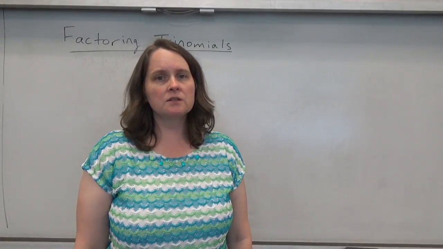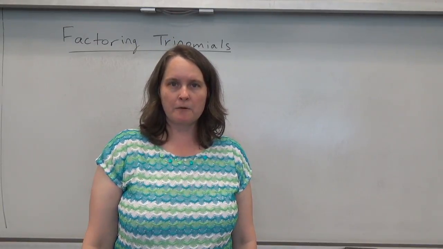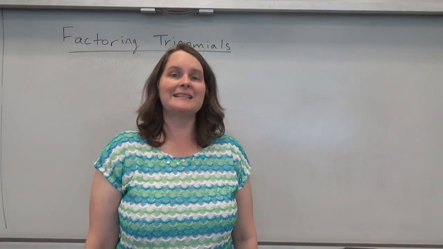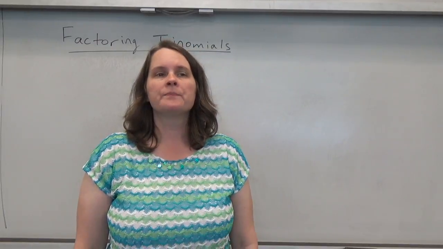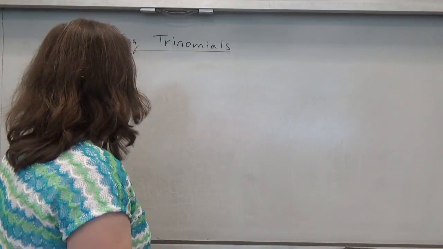Okay, so we're getting ready to start talking about how to factor special products. That includes perfect cubes, perfect squares. Before we jump into those problems, let's just quickly review what the perfect squares and perfect cubes are. We talked in the last section about perfect squares, so let's just refresh your memory.